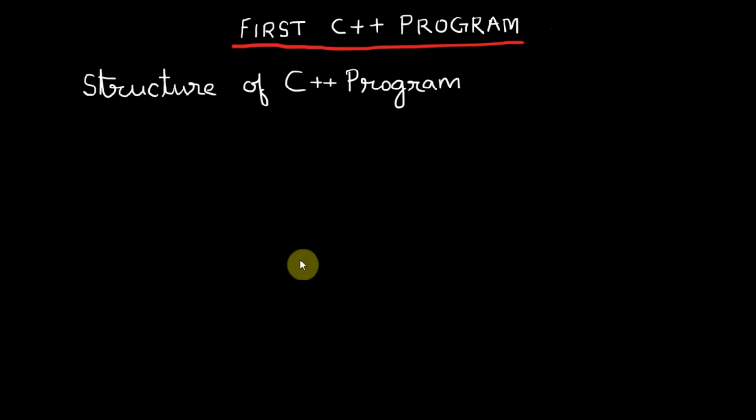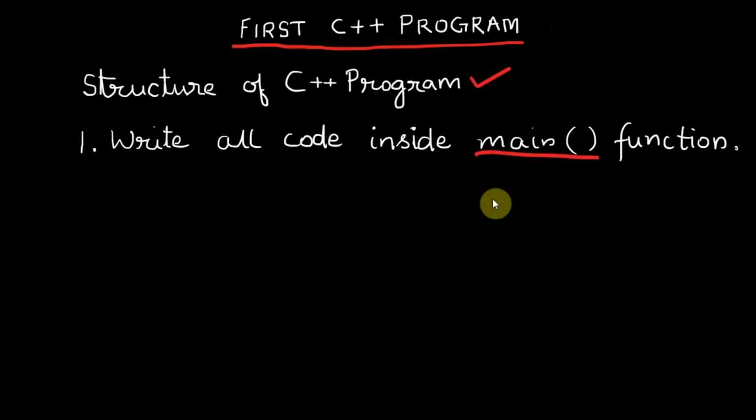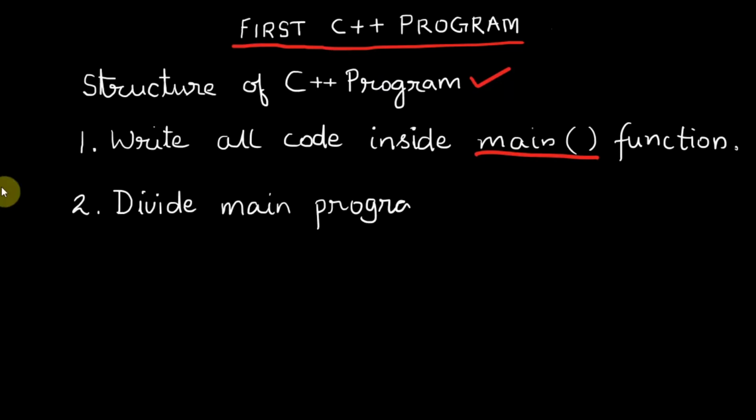The next thing is to decide the structure of the program. There are two ways to write a C++ program. One, you write every single line of code inside the main function, but that would be lengthy and sometimes confusing. Writing the full source code in the main program is good when the size of the program is small. Second, you can divide the program into smaller functions and then solve the problem.